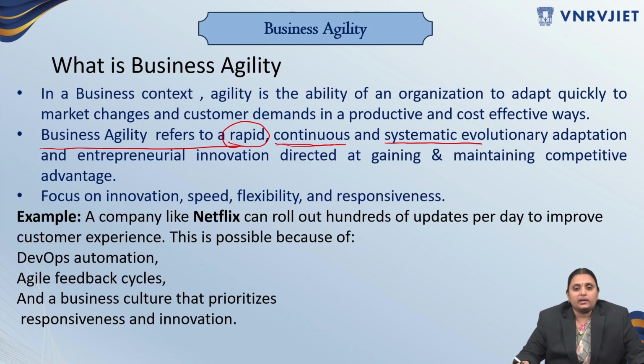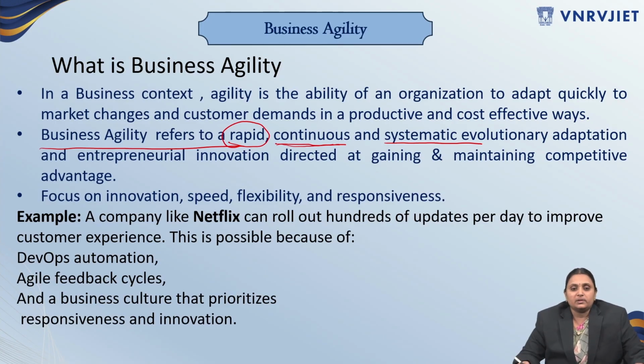In business agility, every businessman has to think about three points. First, how rapidly market changes will affect the business. Second, whether there will be continuous improvement in the business or not. And third, it should be a systematic evolutionary adoption.